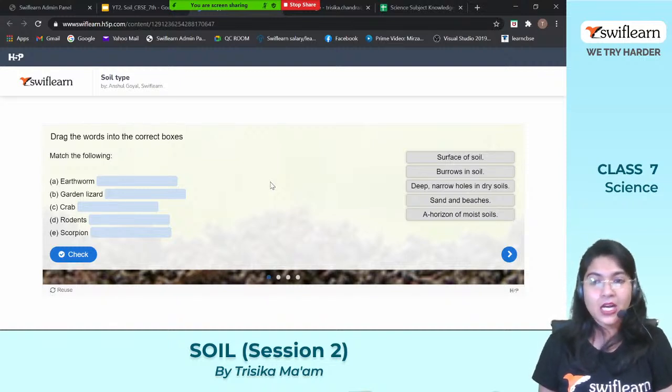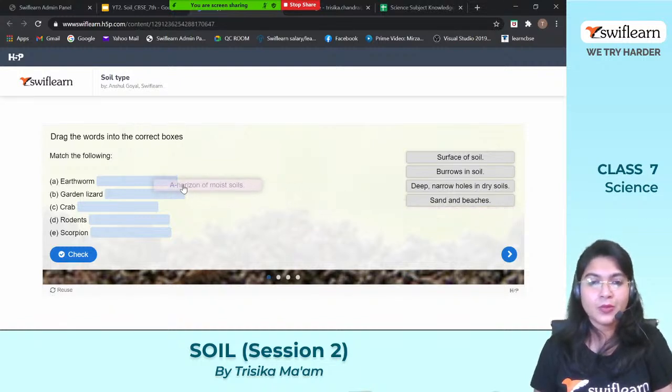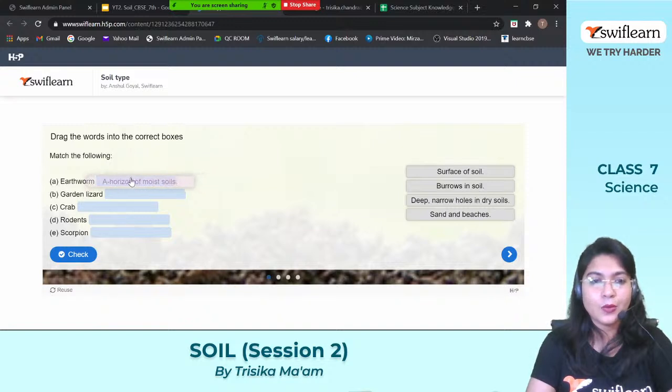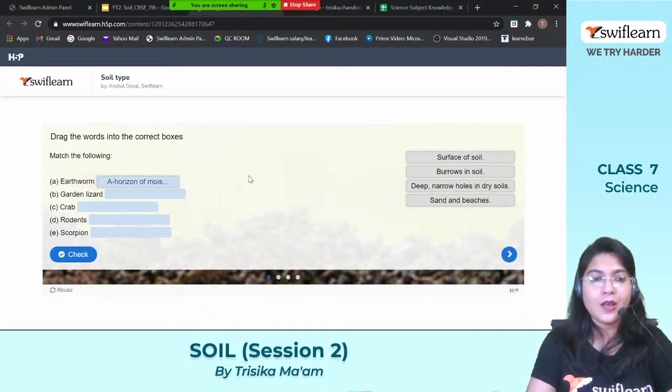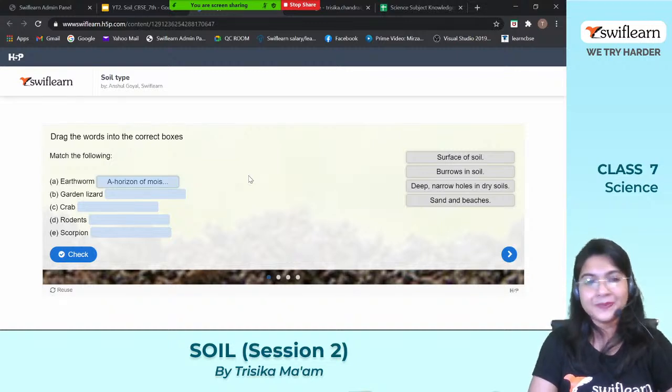First is the earthworm. Where can we find the earthworm? In which type of soil? We can generally find the earthworm in the A horizon of the moist soil, right? Okay. Now, can you tell me the garden lizard? Where can we find it?